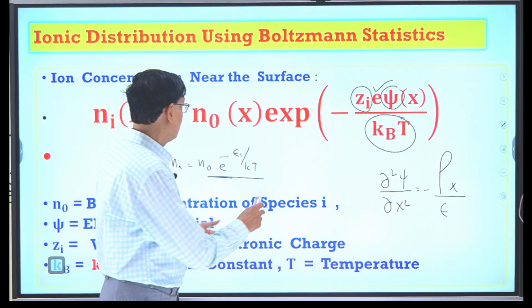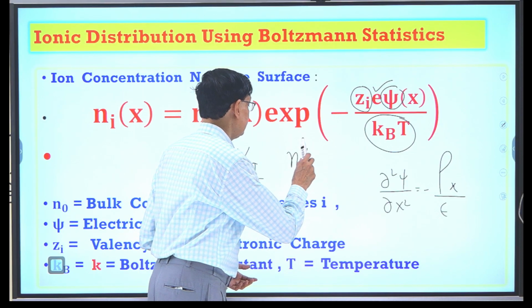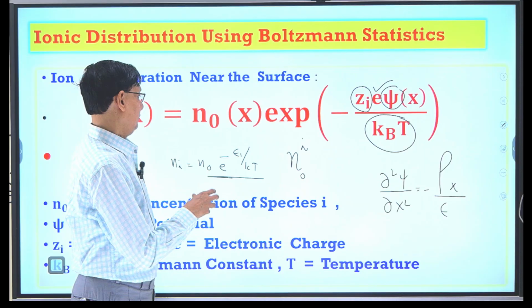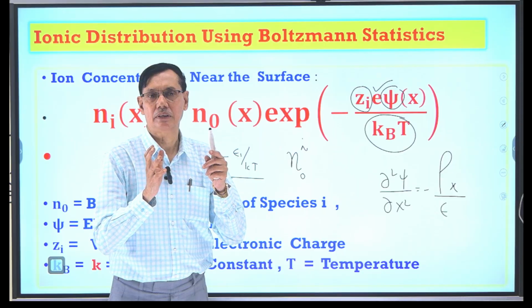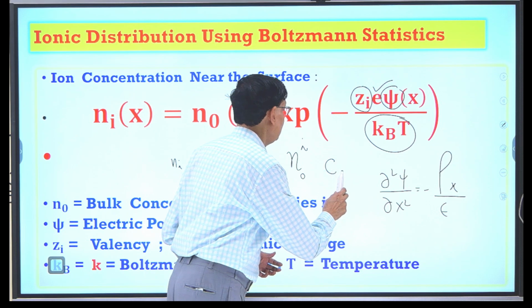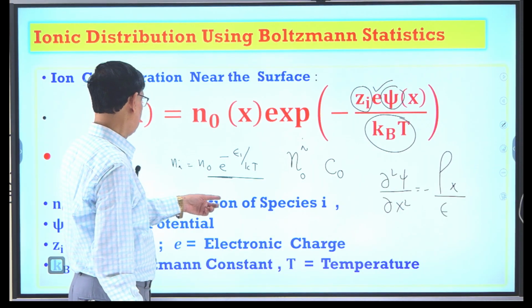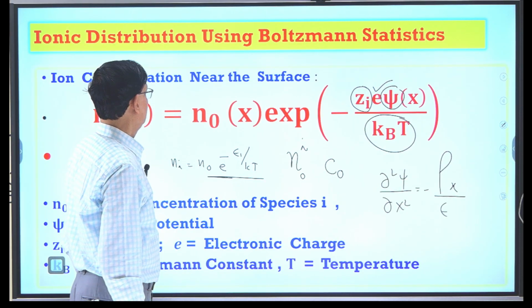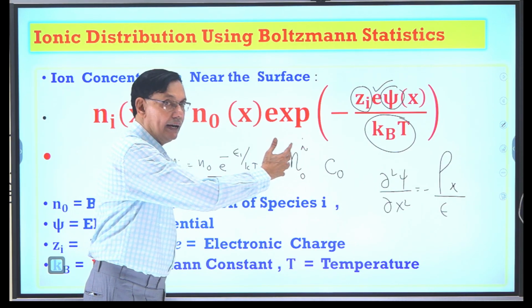In some books N0 of i species, this Ni is the total concentration. In some books it is also written, you can write C0 also, but here we are writing N0, the bulk concentration of the species, and Ni is the number of diffuse ions.